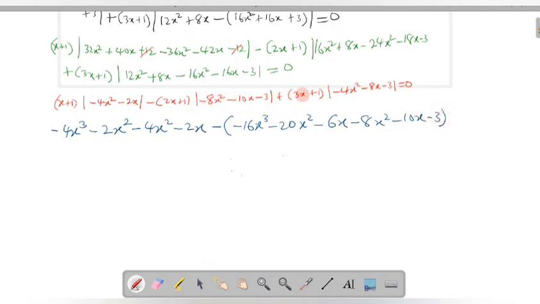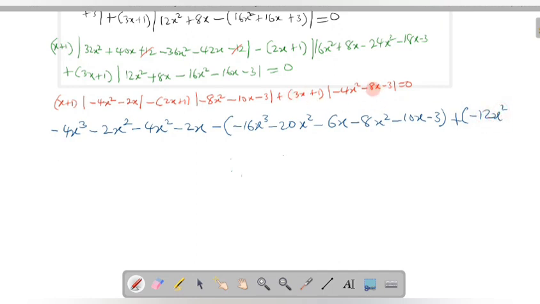Then we'll come to this other side, plus, so I'm going to use this to multiply this. 3x times minus 4x squared gives us minus 12x cubed.